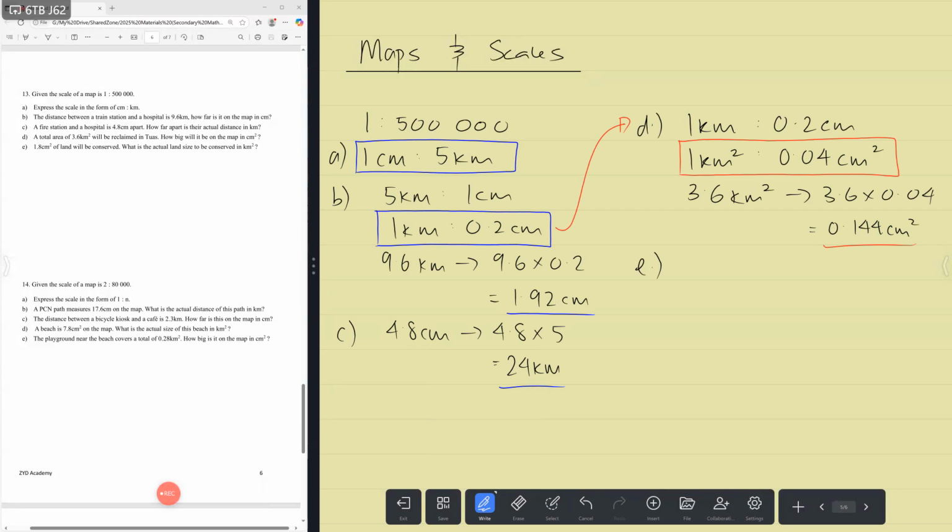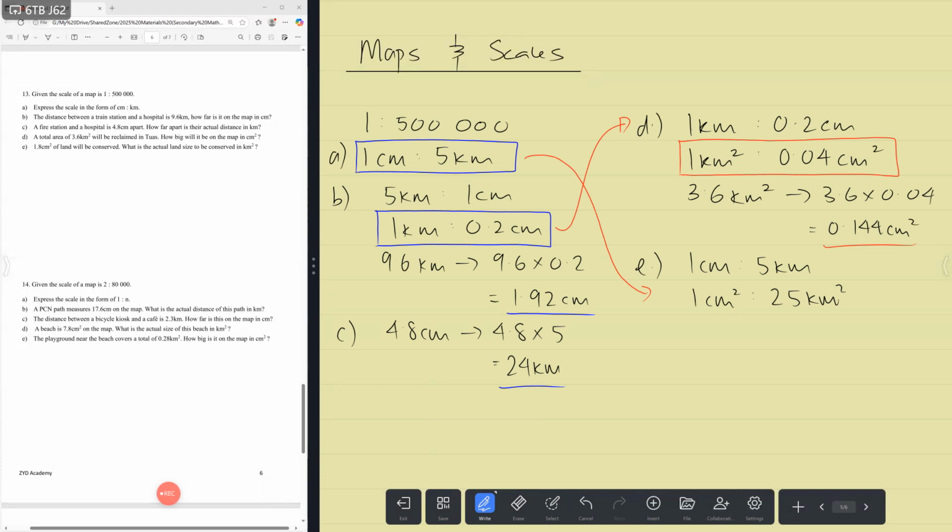So let's look at the last part. Now 1.8 square centimeters of land will be conserved. What's the actual land size to be conserved in square kilometers? Because they give us square centimeters, we will use this scale here. So 1 cm is to 5 km. So 1 square centimeter simply means 25 square kilometers.